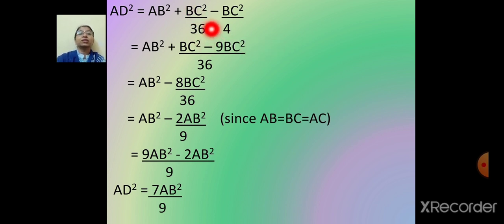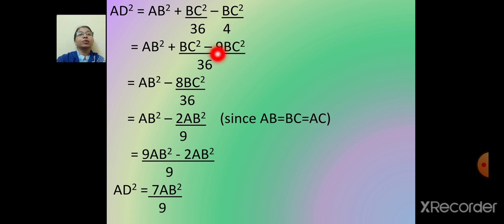BC square upon 36 minus BC square upon 4. Now children, these two terms are like terms. We can add them. So AD square is equal to AB square. Now take LCM. LCM is 36. BC square as it is. Now to get 36 here, we need to multiply and divide by 9.